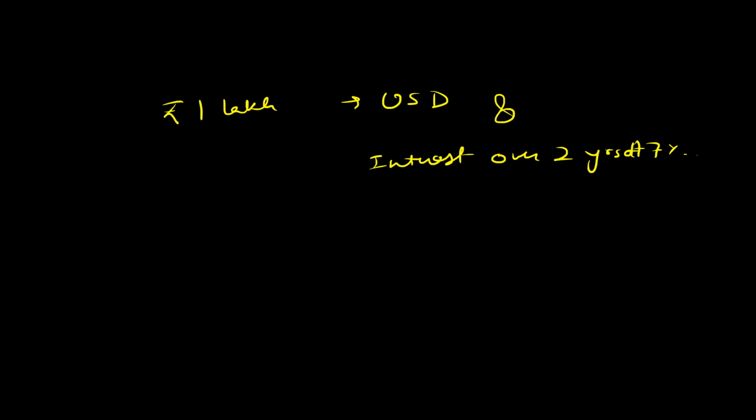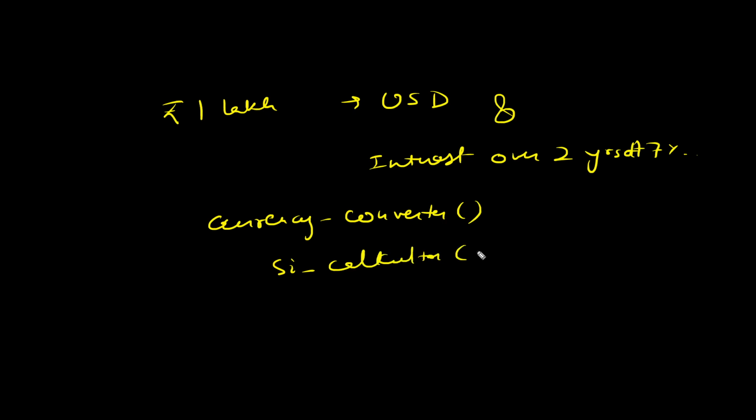Well, in this scenario, what GPT might do is probably call a currency converter to fetch the current pricing of it. Then it'll call the simple interest calculator function, and then finally return the final answer.